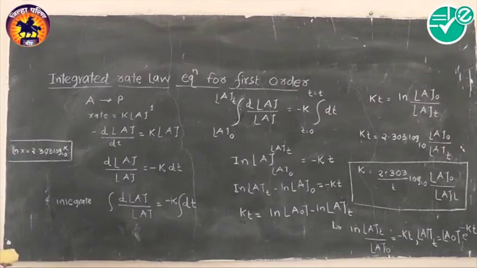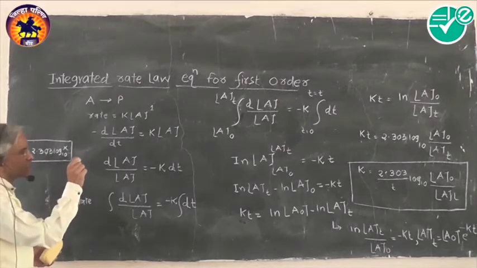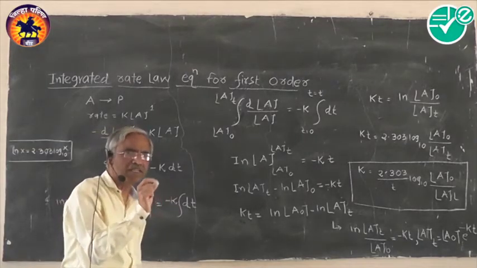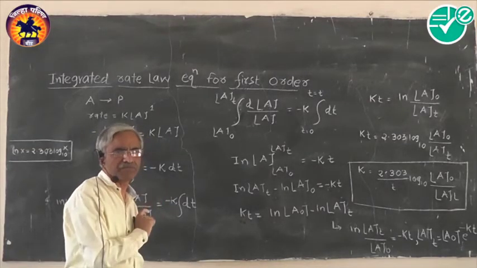Now, this equation is also written in a few different forms for certain numericals. Before that, how can we determine that the rate is first order?